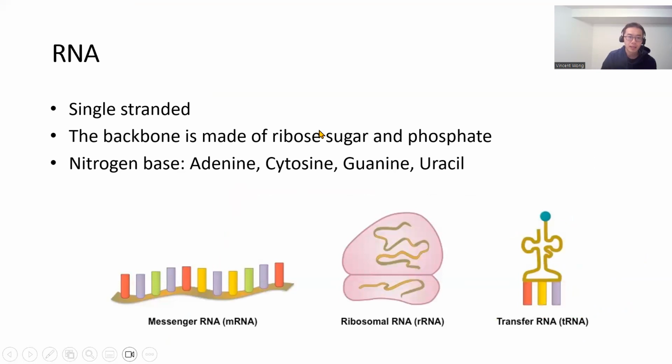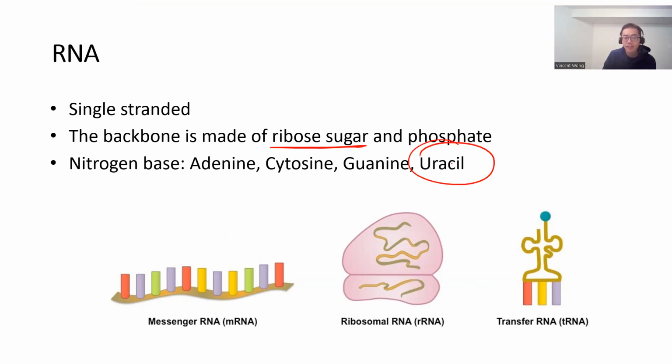Last slide. The other kind of nucleic acid is the RNA. They are different from DNA because they are single-stranded. It's not two strands, it's just one strand. And the kind of sugar they have is the one that has the oxygen. Okay, we call that the ribose sugar.